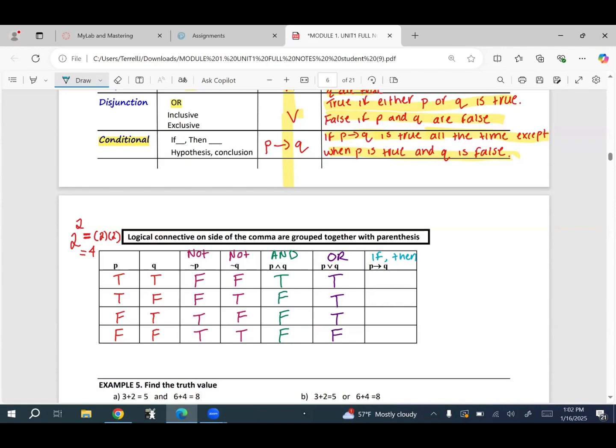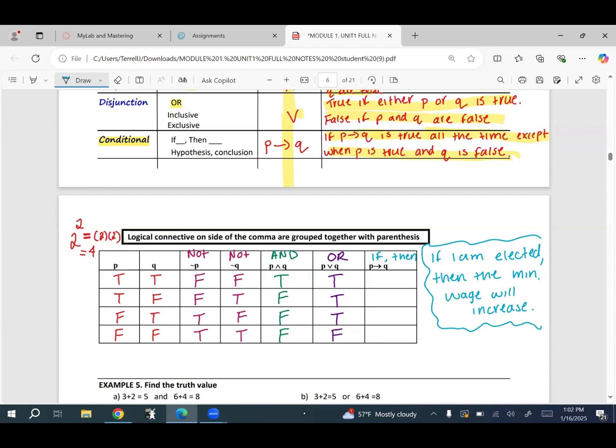So here's an example of an if-then. If I am elected, then the minimum wage will increase. Okay, that's an example of an if-then statement. If I am elected, then the minimum wage will increase.